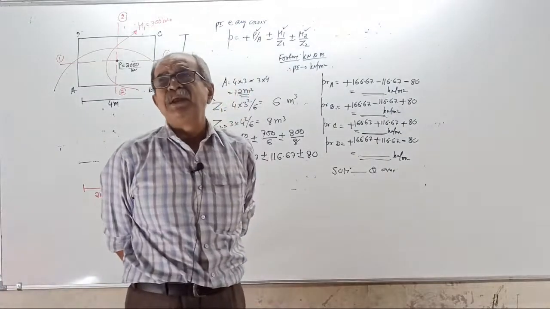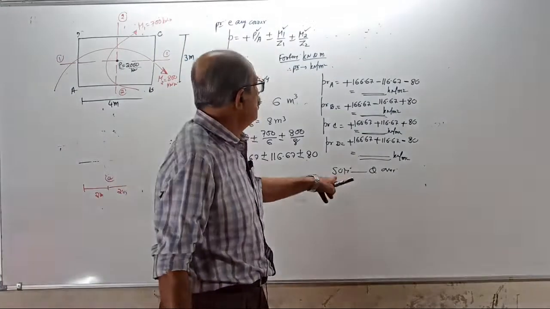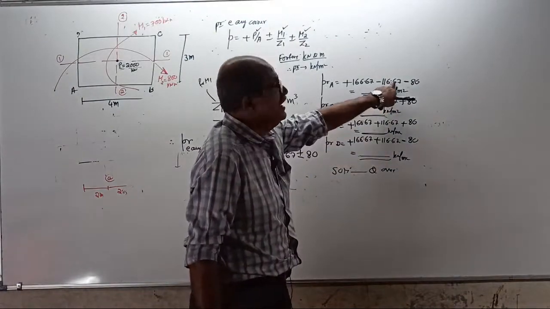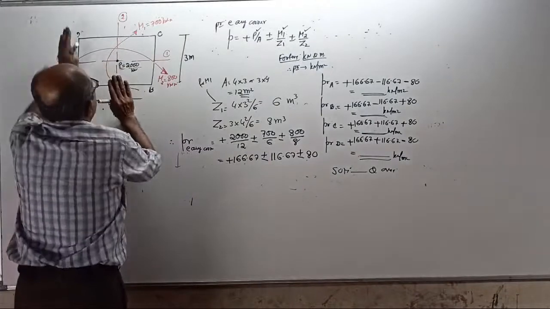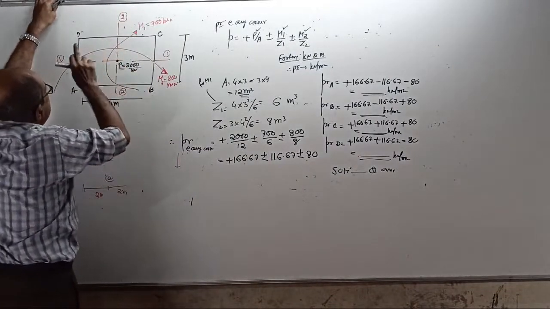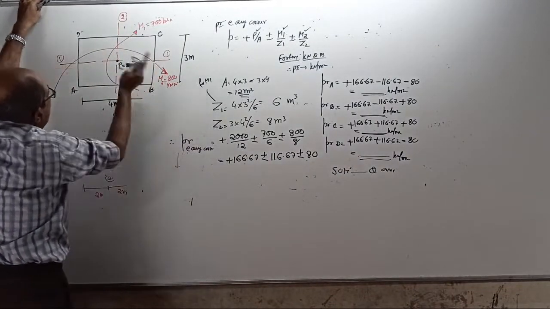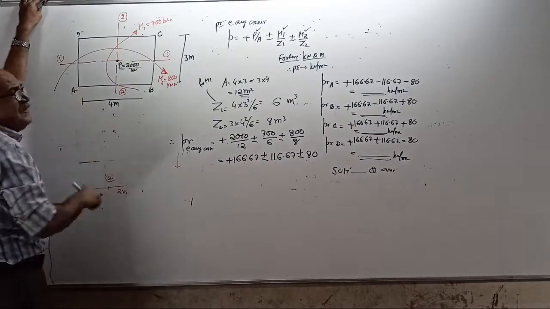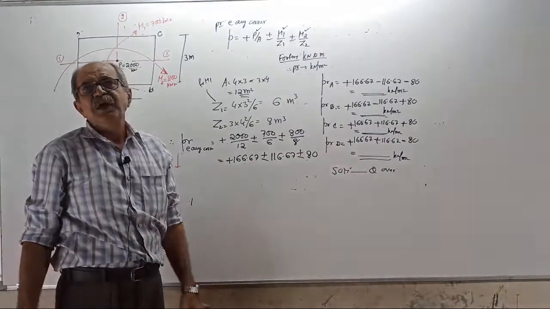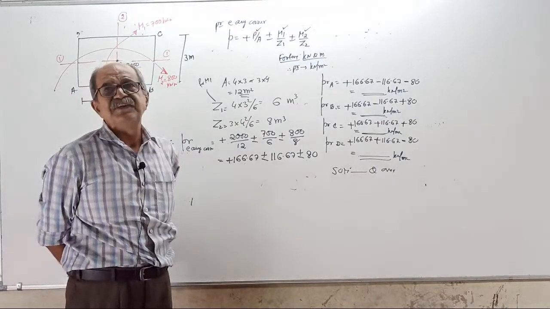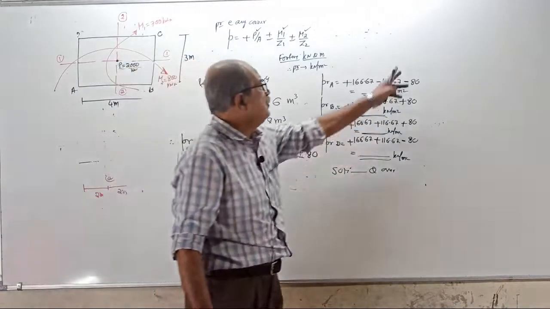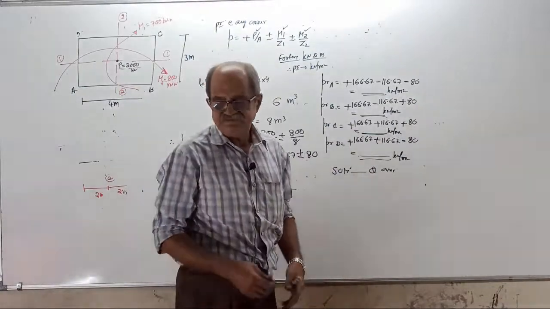The minimum pressure is at corner A, the critical corner, since M1 and M2 lift the other edges. There, pressure should not be negative. That is the check in RCC.